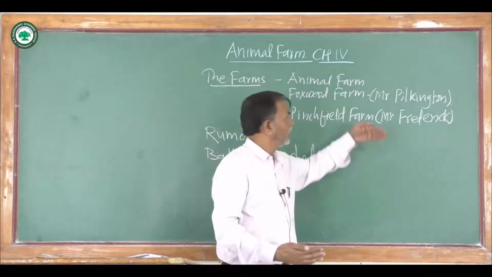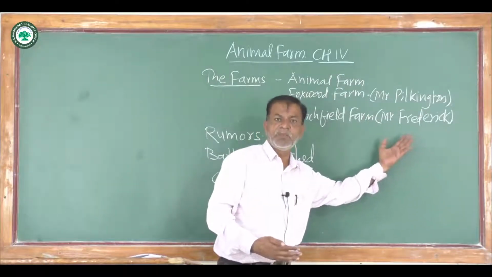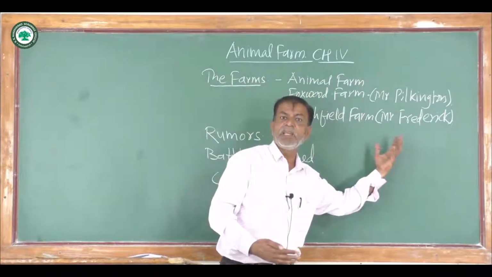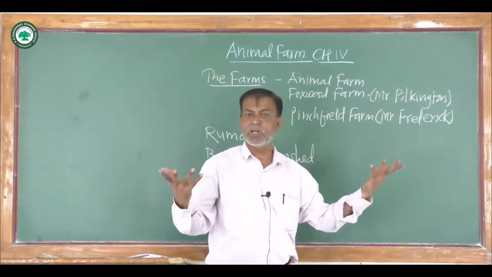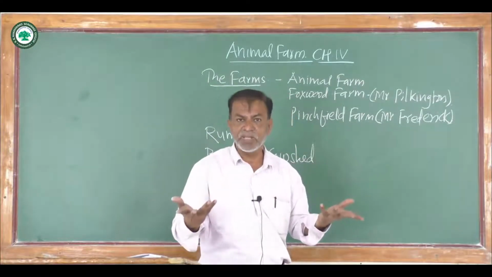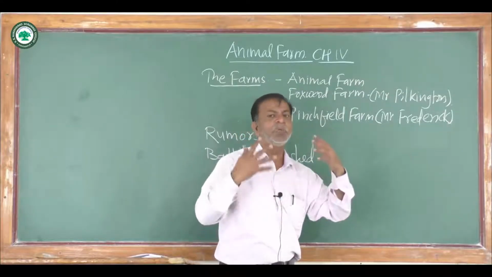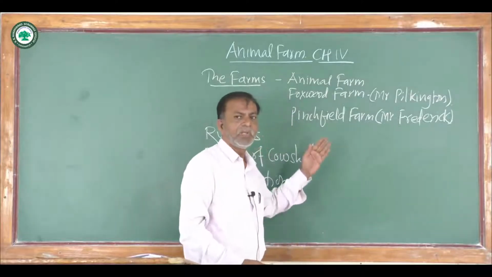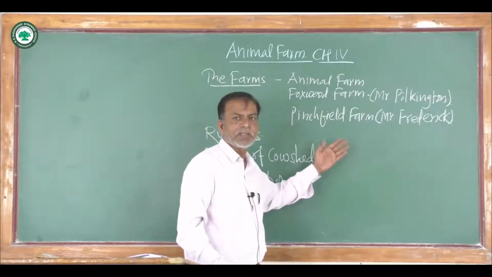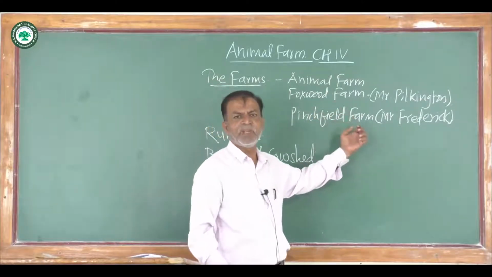So he tells the other owners, one day or the other, the rebellion would take place in your farm, and your condition would be like mine. So this is the best chance to help me to recapture my farm. Then the novelist gives us detail about the adjoining farms of Animal Farm.